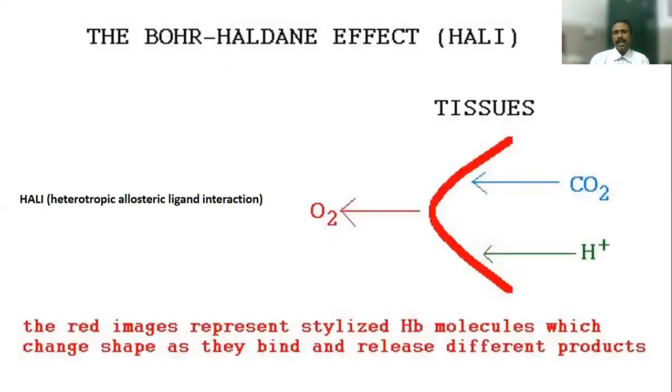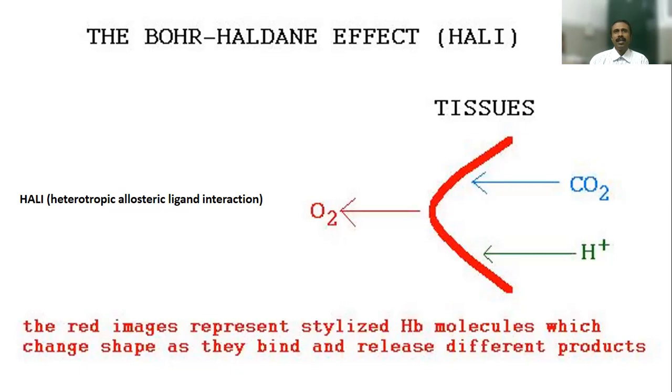So if we were to see at the tissue level, the binding of carbon dioxide is enhanced by giving up of the oxygen. Now this actually happens at the molecular level by virtue of the configurational change of the hemoglobin molecule, what is in a very complex way described as heterotropic allosteric ligand interaction.